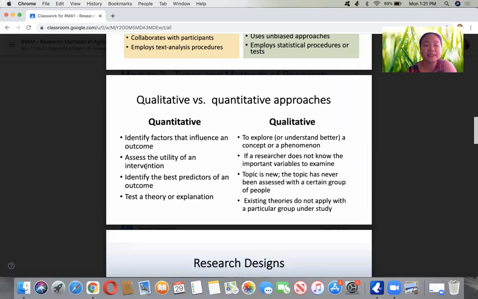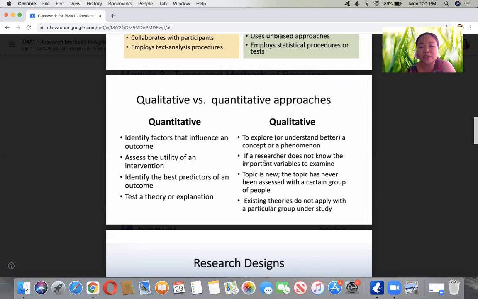So: assess the utility of an intervention, identify the best predictors of an outcome, and test a theory or explanation. For the qualitative naman, to explore or understand better a concept or a phenomenon.